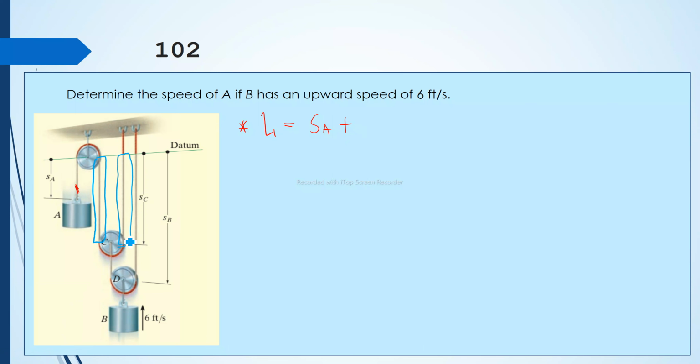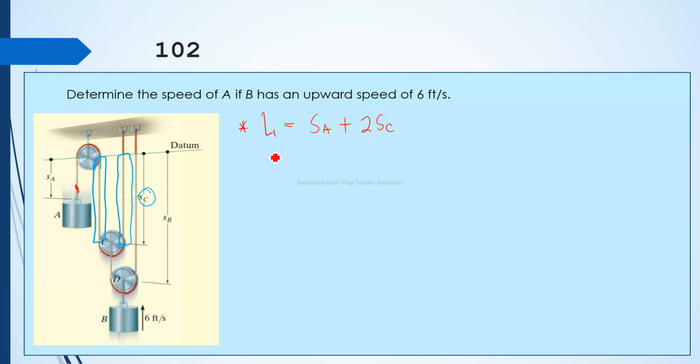So what is the length of that one? These two here have an equal length. Now, if you look at it, the length of that one is equal to SC. Since there are two of them, that is 2SC.